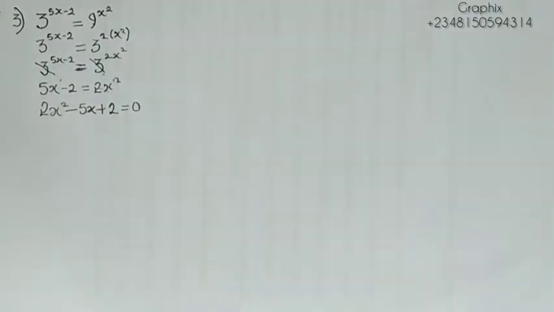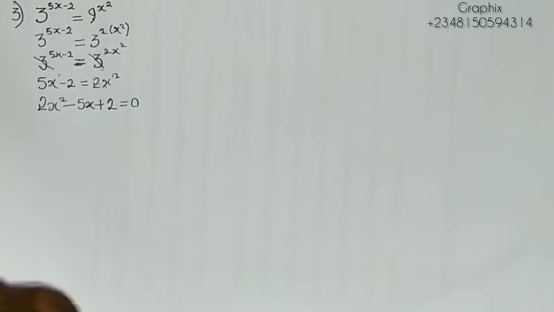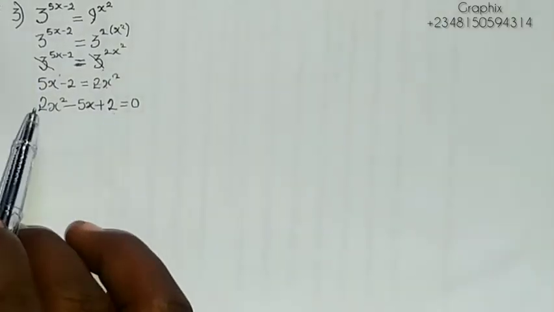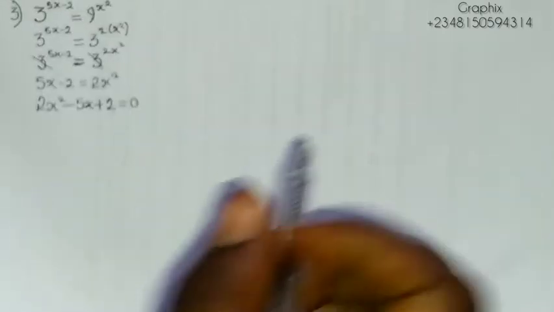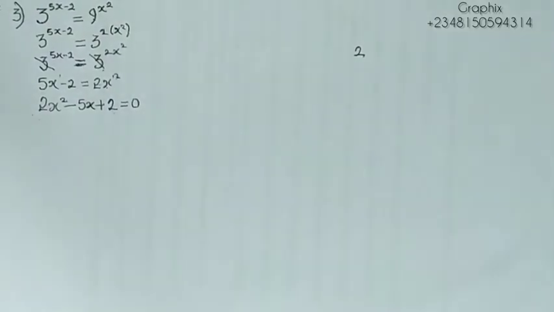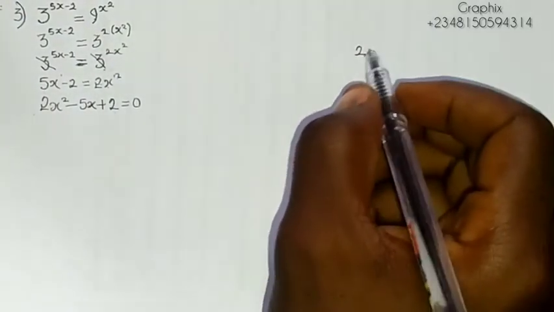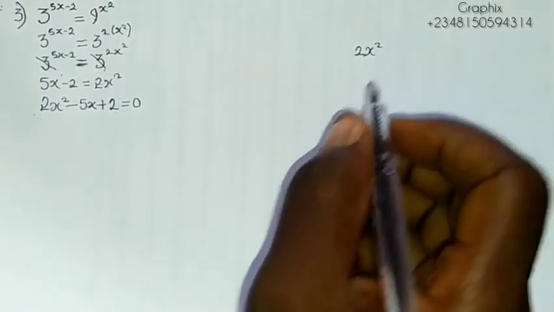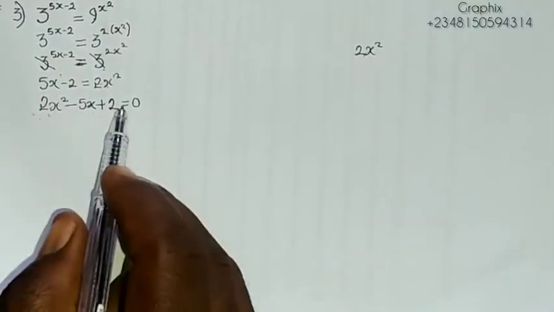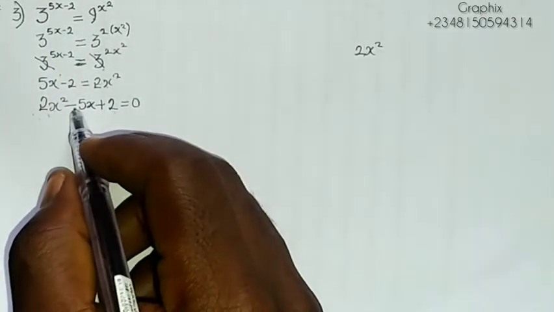So from here, what you do is you multiply these two together. You'll have 2x squared here, and you bring down the minus 5x.